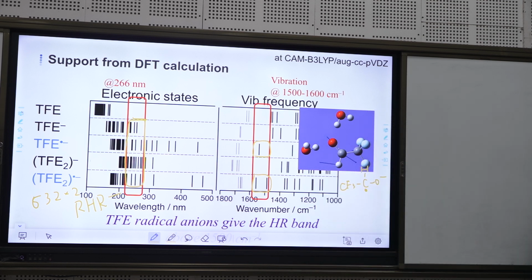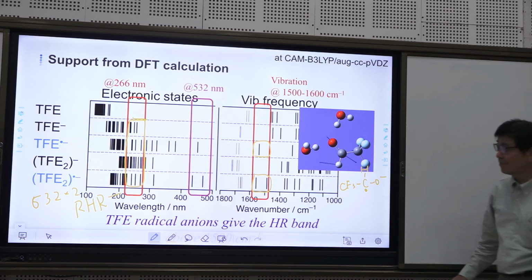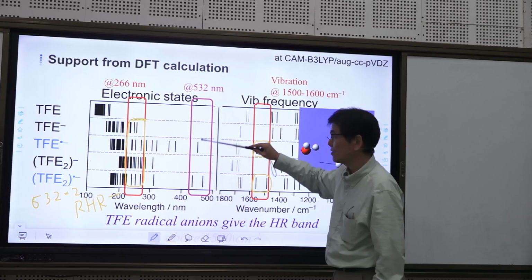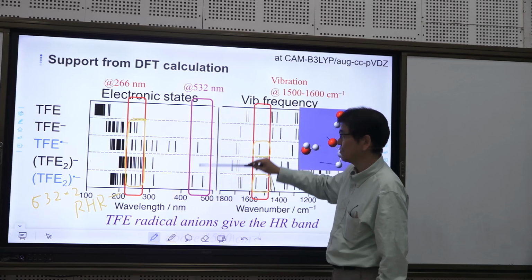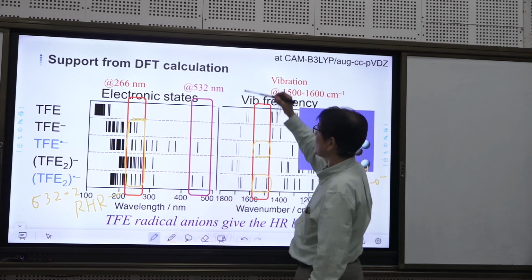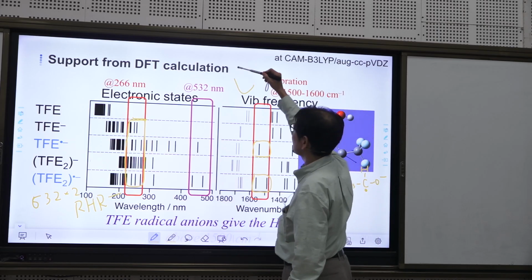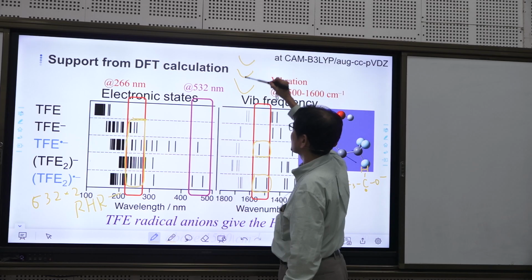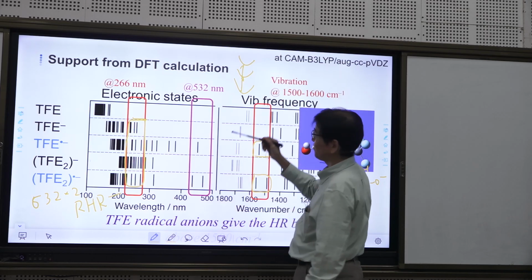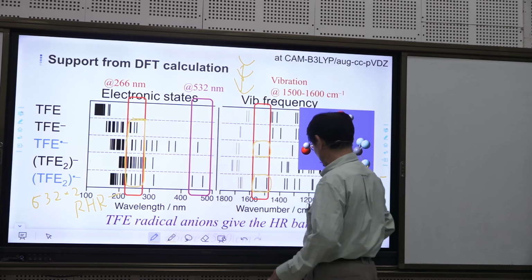One more thing we should notice. Here is the electronic state near 532. Okay, hyper-Raman process is a two-photon process.